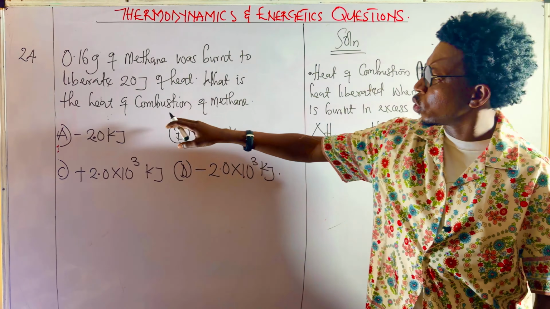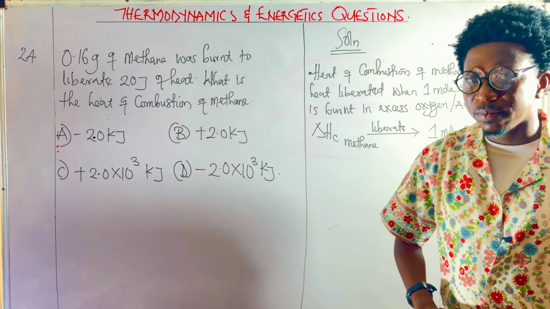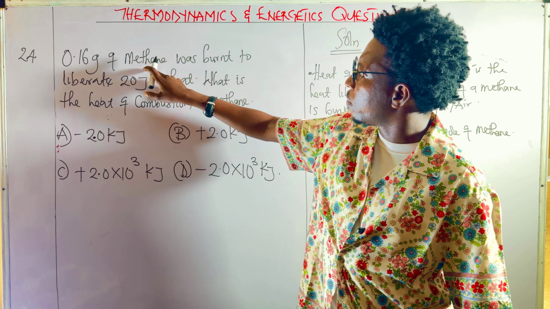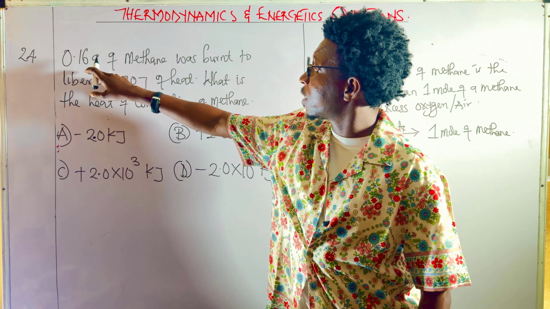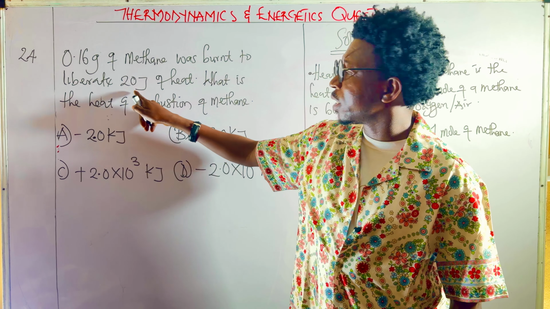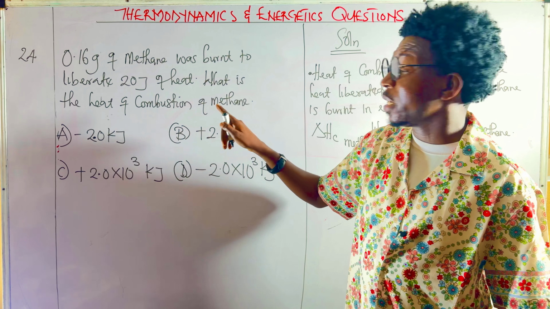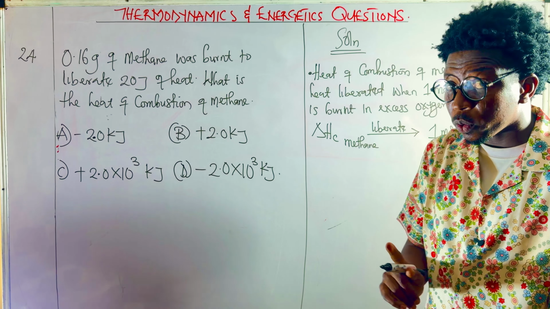They are asking us to calculate the heat liberated when we burn 1 mole of methane. However, we are given a certain amount of methane, which is in grams. When 0.16 grams of methane was burnt, the heat liberated was 20 joules. Now the question is, what will be the heat liberated when we burn 1 mole?